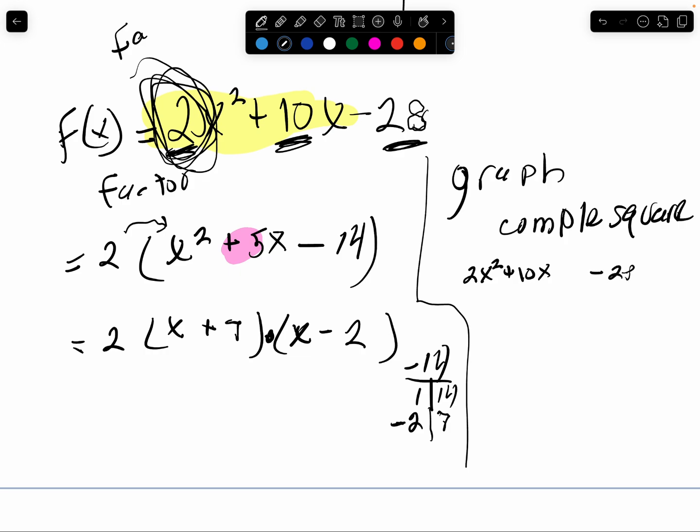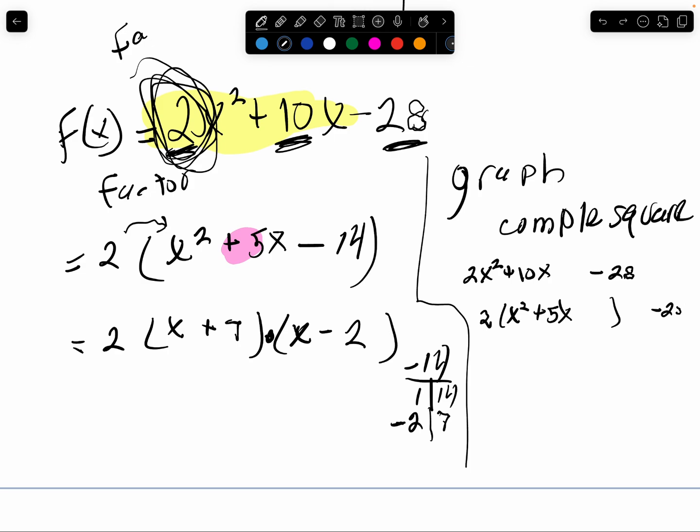As you get better at these, you can combine steps, but for now it's good to move it over for convenience. And I want to factor out a 2. That's my first step, because I want the x squared alone, right? Plus 5x. And I want to complete that square, minus 28.